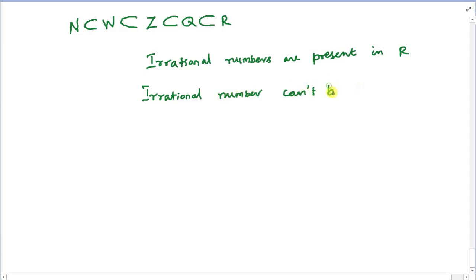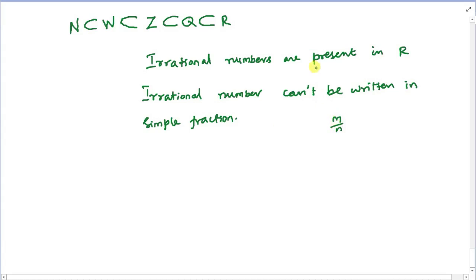An irrational number cannot be written in simple fraction. So they cannot be written in the form m by n.